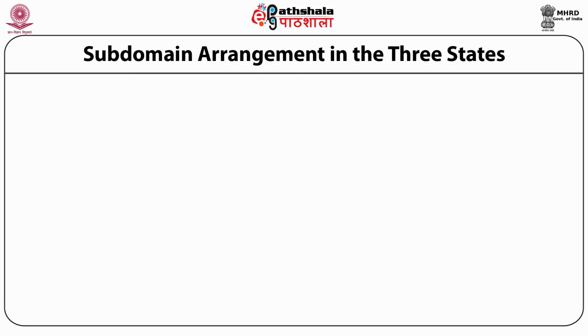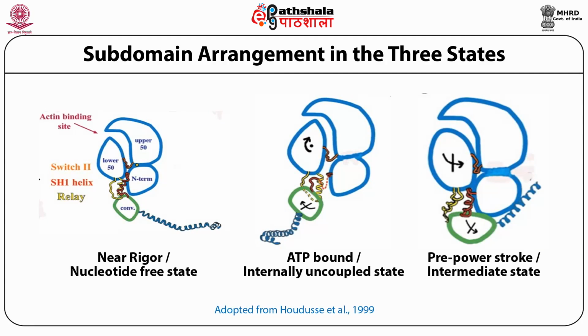Here I have shown you only the domain structure and all the 3 conformations at the same place. Mind you, the near rigor state and rigor-like state are very similar in terms of domains except the upper 50 and lower 50 compared to the N-terminal domain.